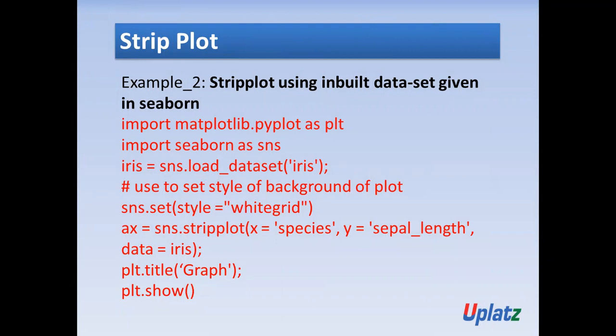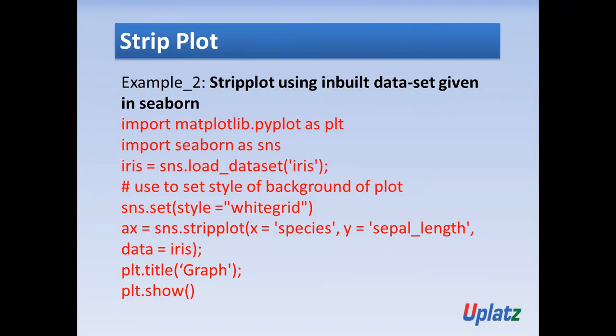It's very easy: seaborn.load_dataset, and then inside the parentheses, inside single quotes, you just need to specify the name of the data set. Since we have imported Seaborn as sns, write sns.load_dataset, and inside the parentheses, inside single or double quotes, specify the name of the data set.